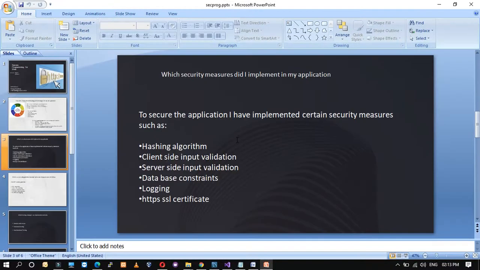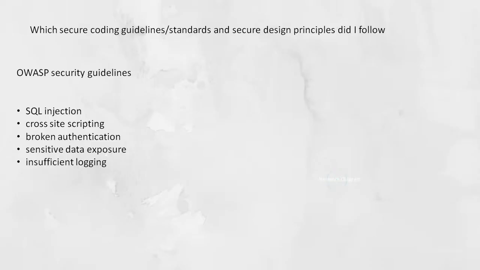Moving back to the third question: which secure coding guidelines, standards and secure design principles did I follow? For this application, I have used OWASP security guidelines. OWASP is an internationally recognized organization that provides security guidelines and standards to software developers and companies like IT industries.